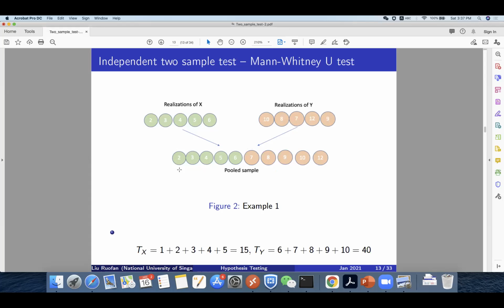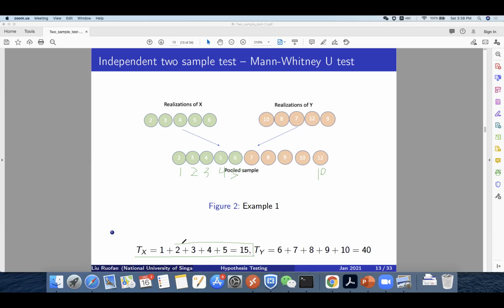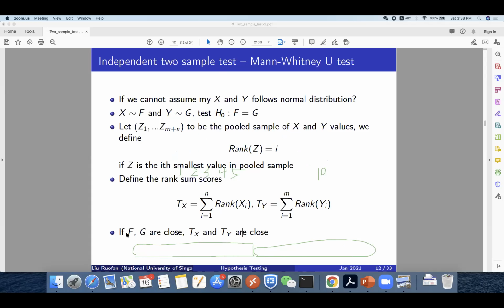First, the rank of each item is 1, 2, 3, 4, 5, up to 10. Then I just sum all the ranks for realizations coming from x and all the ranks for realizations coming from y. And you see Tx and Ty are really different. That verifies our intuition that if f and g are close, then Tx and Ty should also be close.